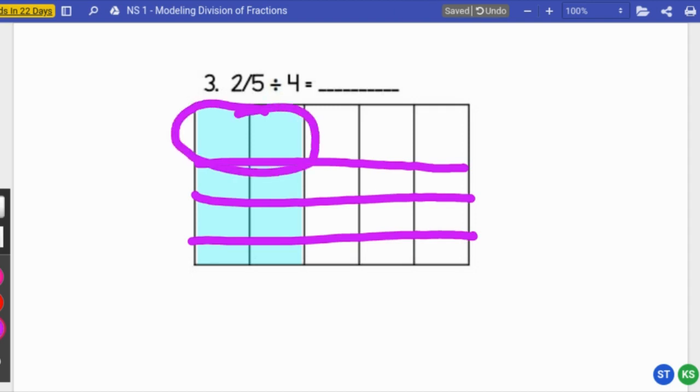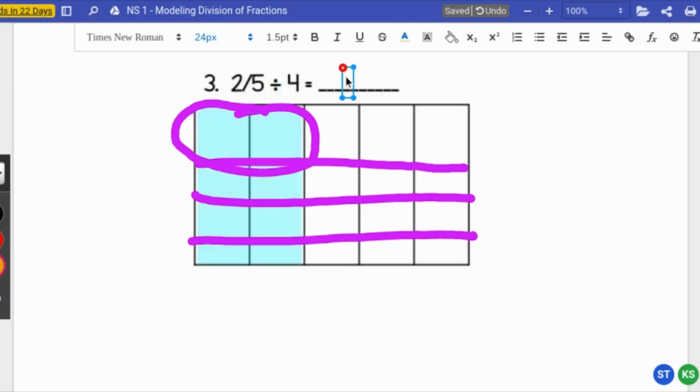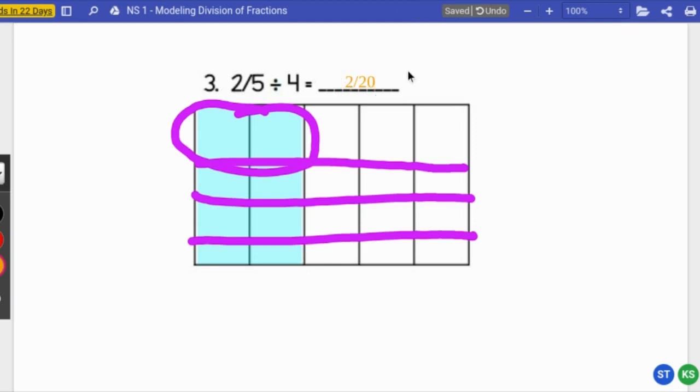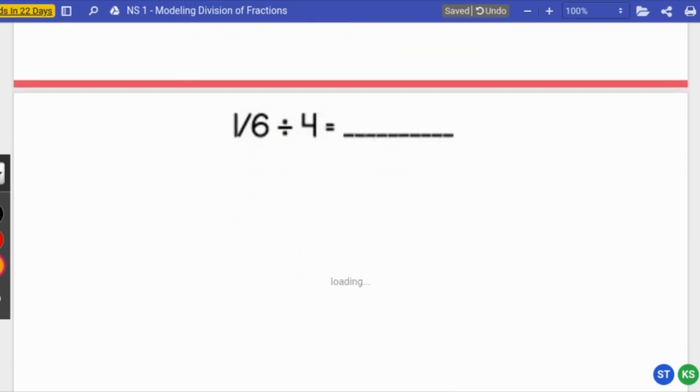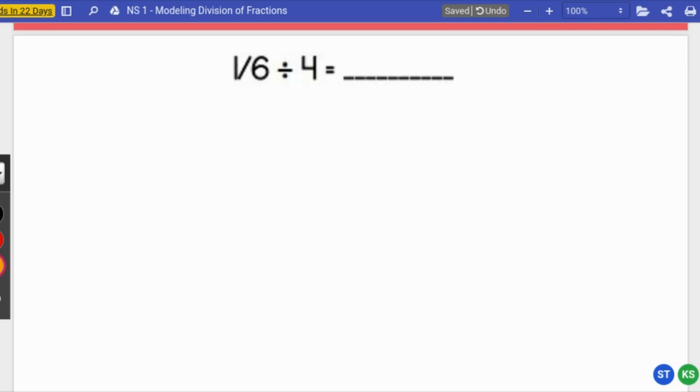So there are 2 pieces in that group, but each of those pieces now represents 1/20th because my whole is divided into 20ths. So my answer is there are 2/20ths, or I could put that in simplest form, 1/10 in each group. So 2/5 divided by 4 is 2/20ths. Pause the video here and try this one on your own. 1/6 divided by 4.